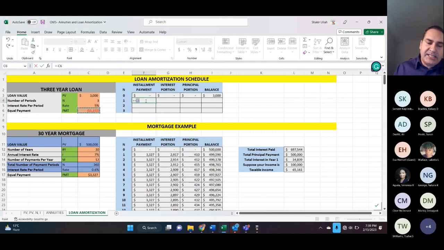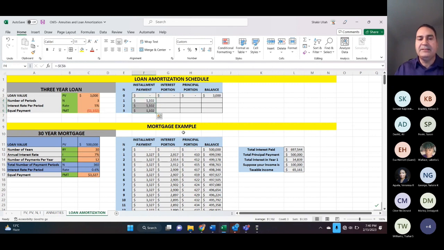And because I'll be dragging this down, I press this F4 button on my keyboard so that the dollar sign appears. And when I drag it down, it still refers to the same cell as payment. And these are now positive values just because this one was a negative. I don't want a negative value on my table.